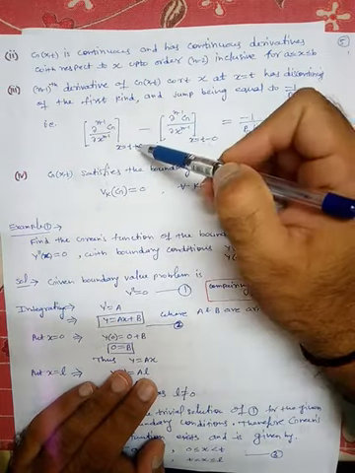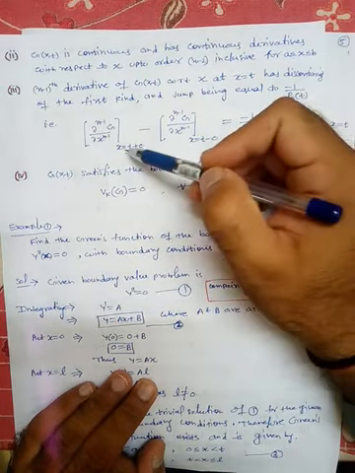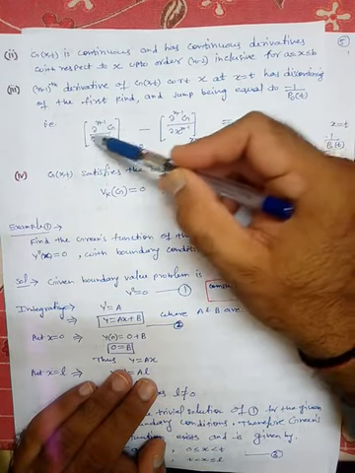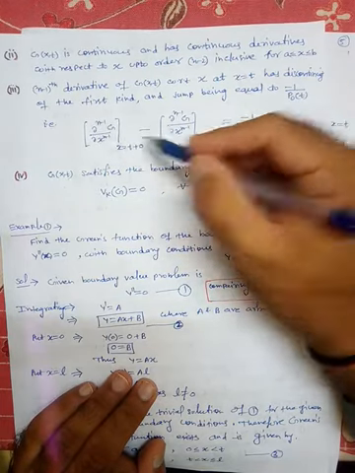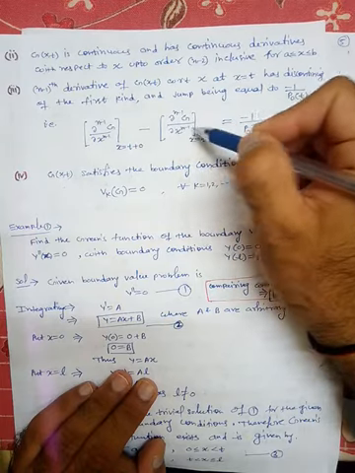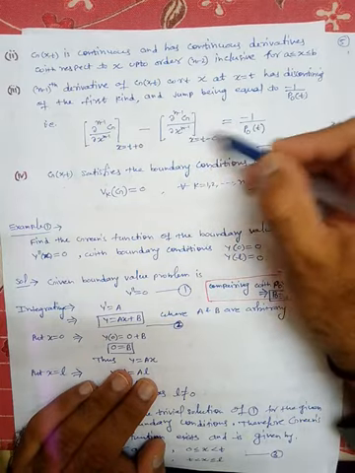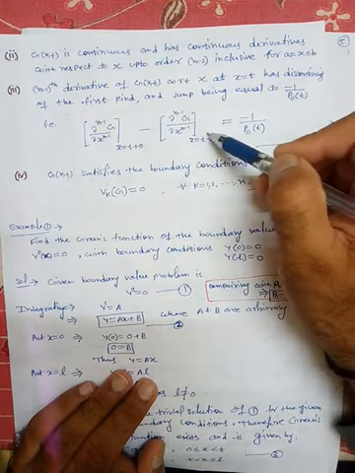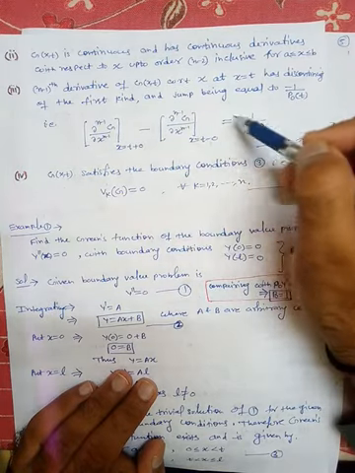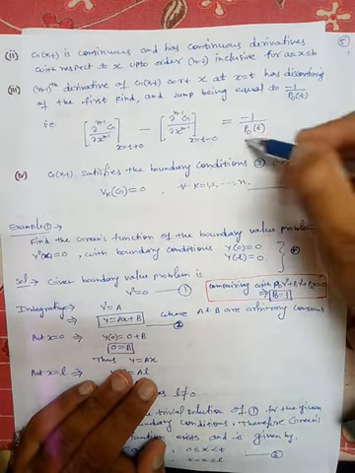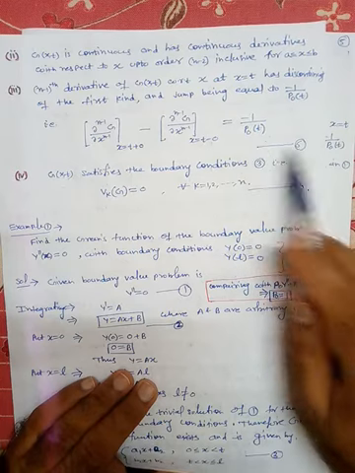The right hand derivative at point t means x is equal to t plus 0, so del n minus 1 G upon del x n minus 1, minus del n minus 1 G upon del x n minus 1 at the left hand side, x equal to t minus 0. This is the right hand side derivative, this is the left hand side derivative, and the difference is minus 1 upon p naught of t. Okay, so this is equation number 6.